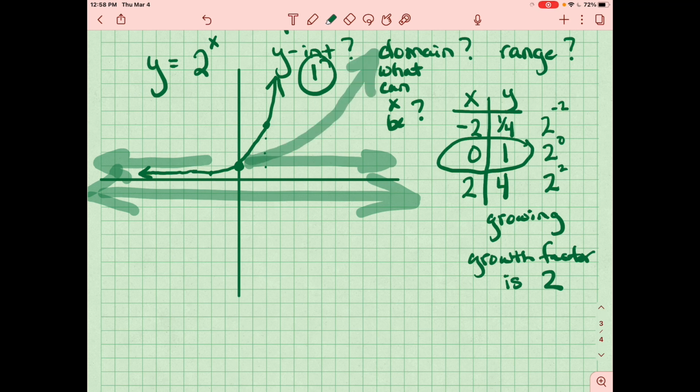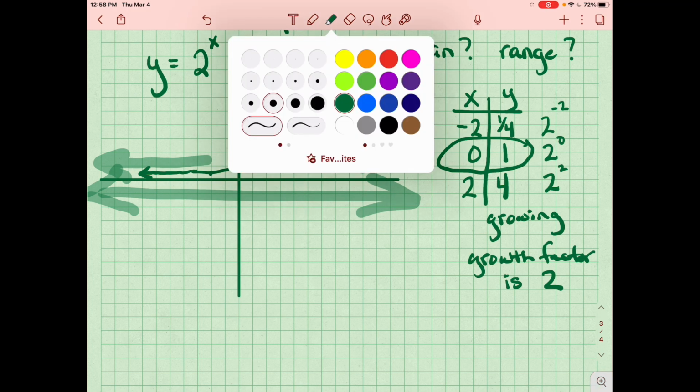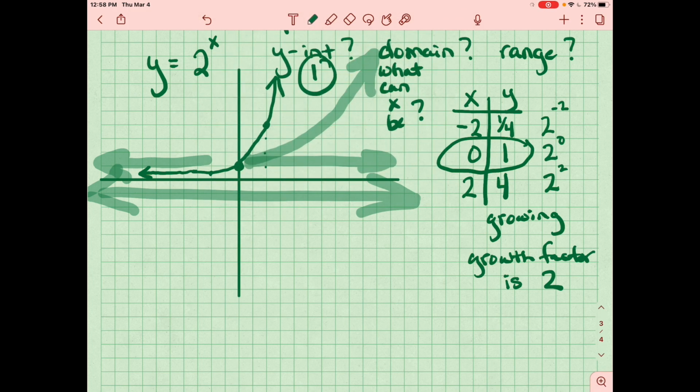So the domain is all real numbers, because it goes way negative and way positive.